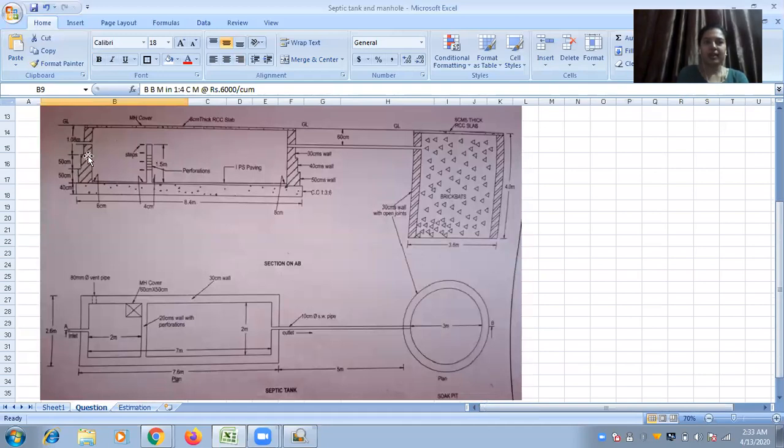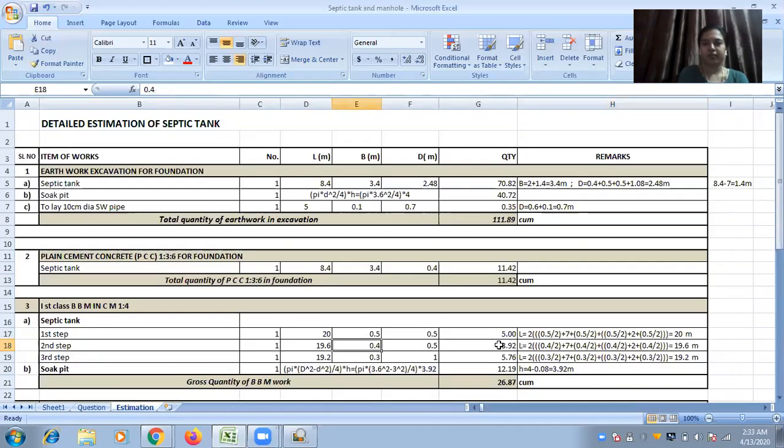Similarly, for the last one, the third step, instead of 0.4 it will be replaced with 0.3. Same thing, you will get 19.2. Length is 19.2. Wall thickness is 0.3 and depth is 1 meter.